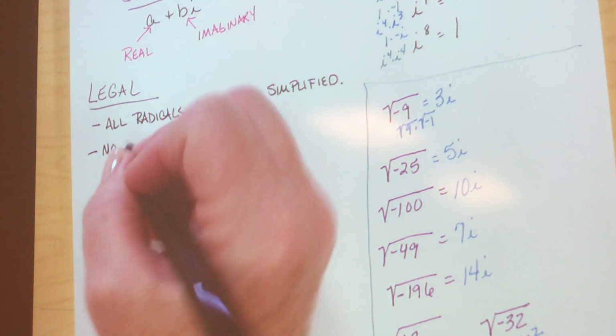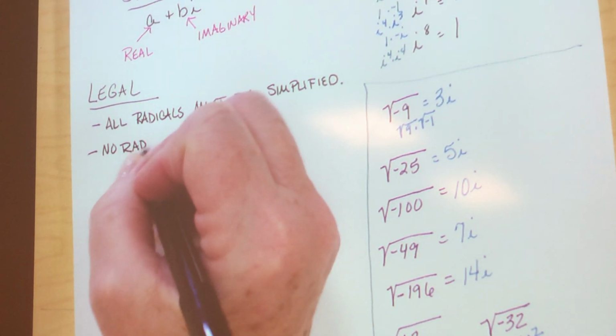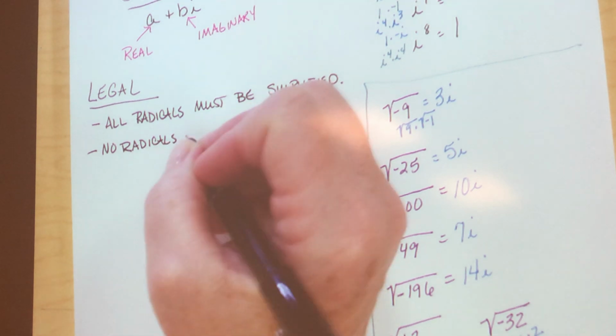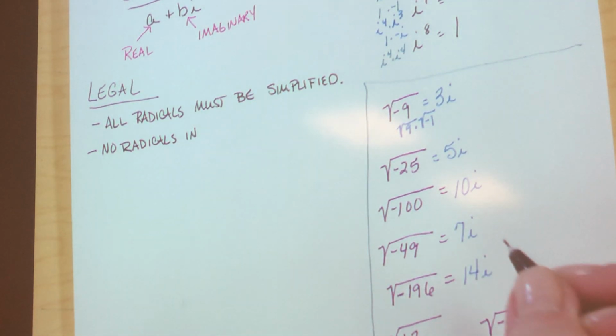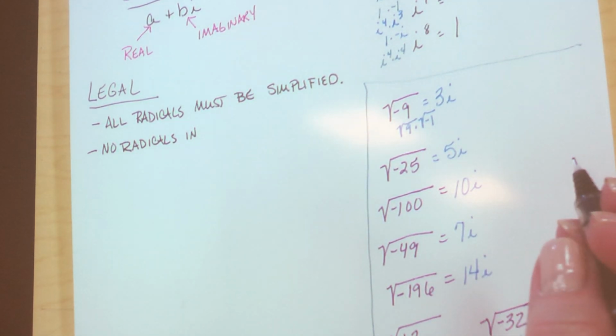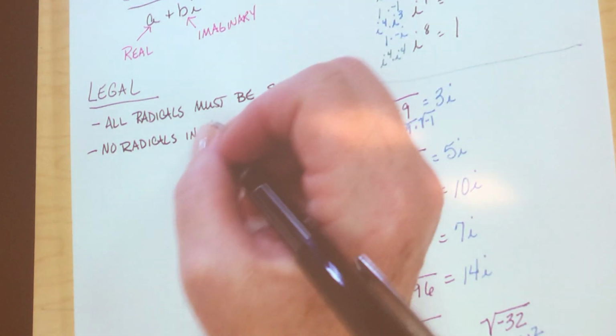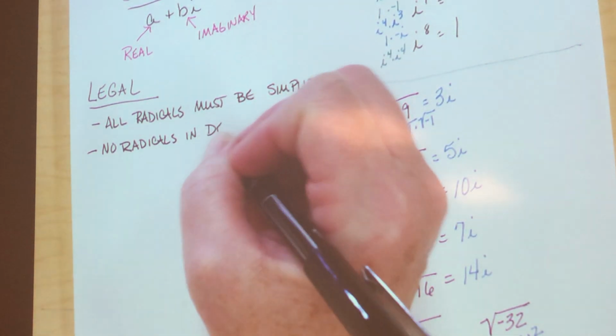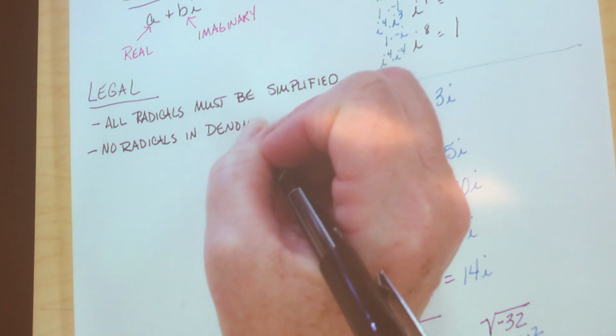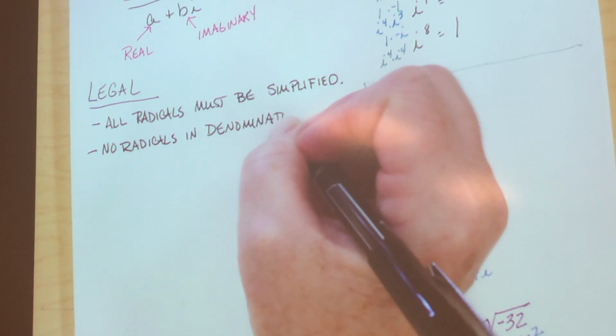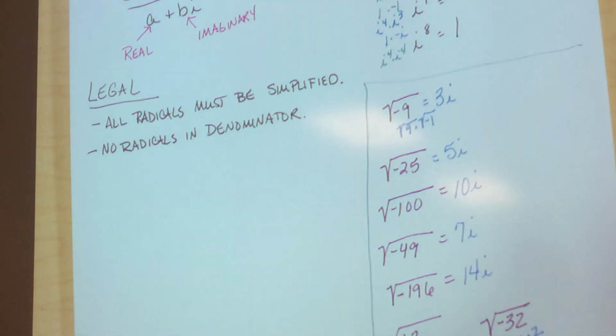Here's another one. No radicals in the denominator. In a fraction, where in the fraction? On top or bottom? Bottom. No radicals in the denominator.